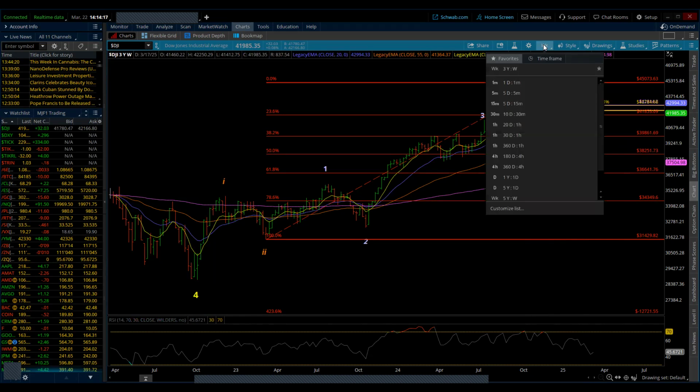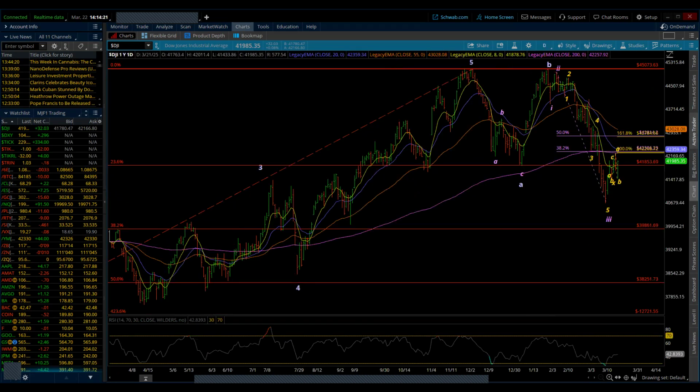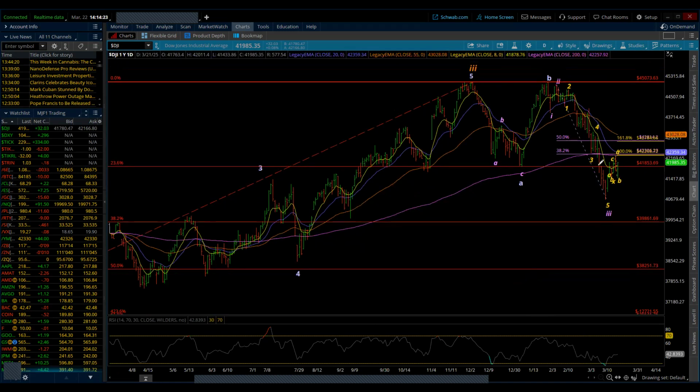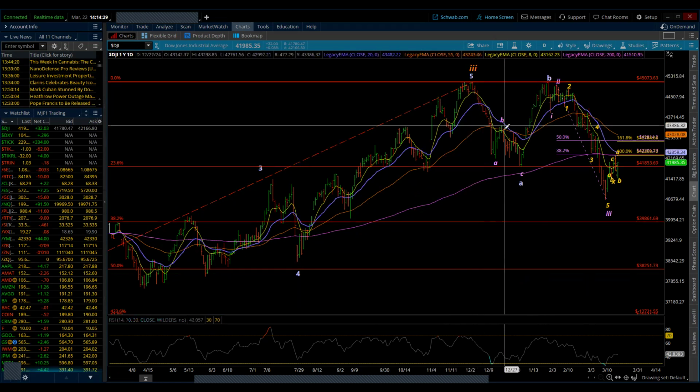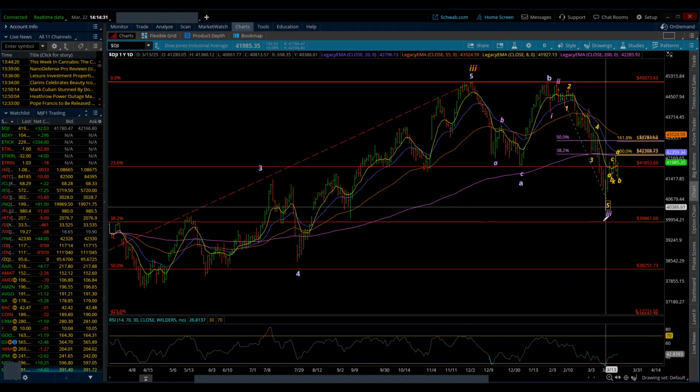All right, so now we're going to jump off of here and come down to the daily chart, where there is the minor wave 3, and we can see we're in minor wave 4.